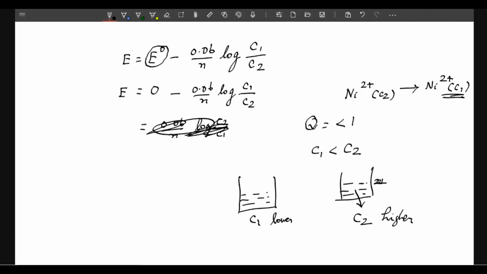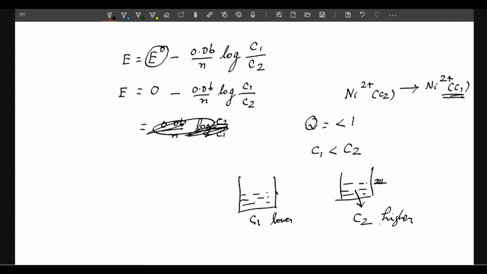Now the electrodes are same and the electrolytes are same, but the concentrations of the electrolytes are different. Because of the difference in the concentration, we are deriving the EMF. This type of cell is called an electrolyte concentration shell. That is, the cell is formed due to difference in the electrolyte concentration.